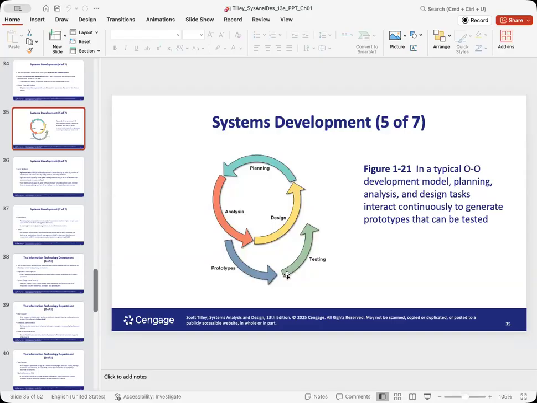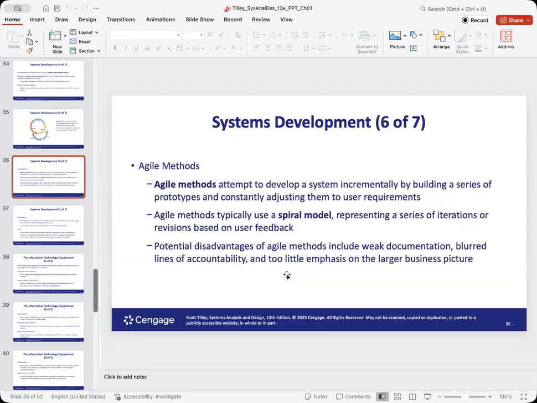Okay, now during that designing stage, we have types of designing methods. We have the prototype, but first let's talk about the agile methods. The agile methods attempt to develop a system incrementally. So if you're developing software, the agile method says, okay, let's do it step by step.